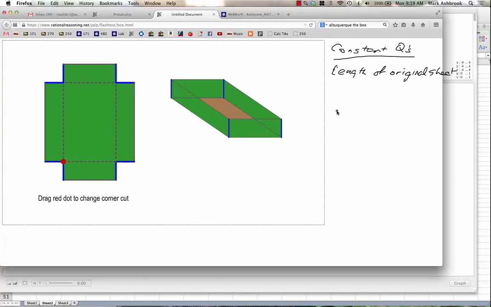The base's side. So which width are you talking about? The 8.5. Okay, so that's the width of the original sheet. What else is constant? The area of the... yep, area.